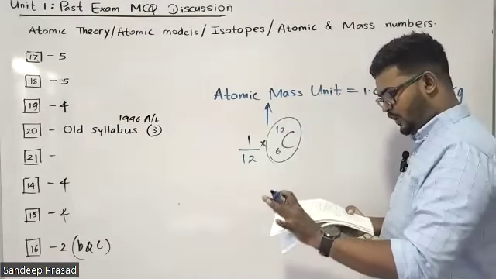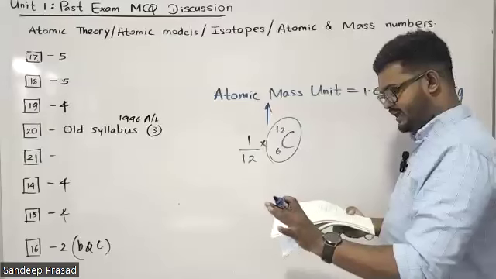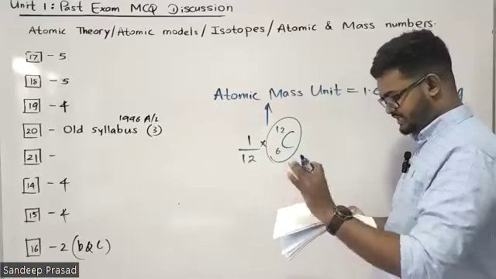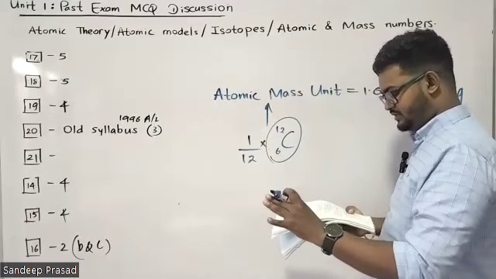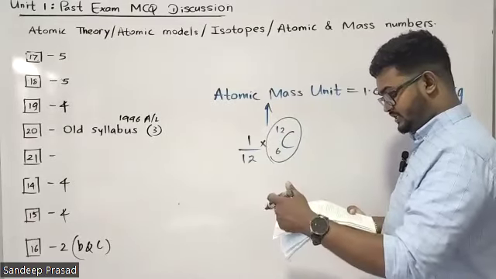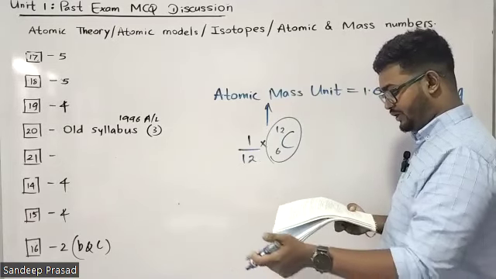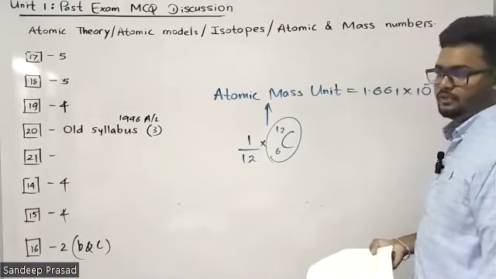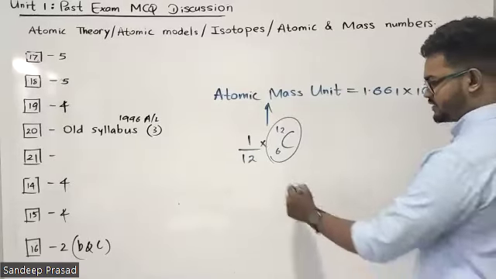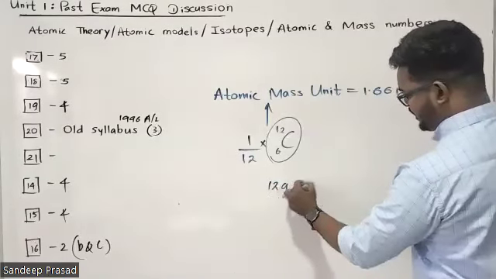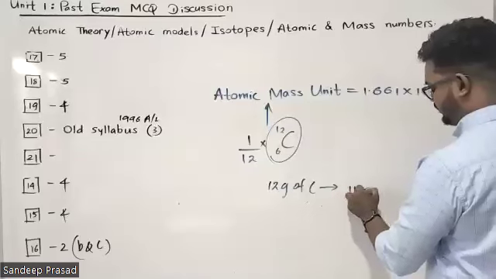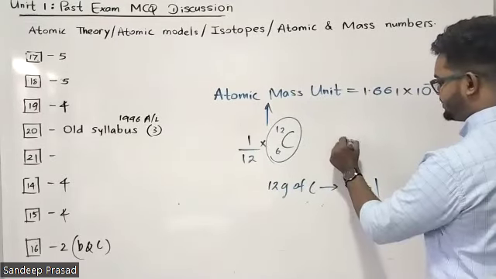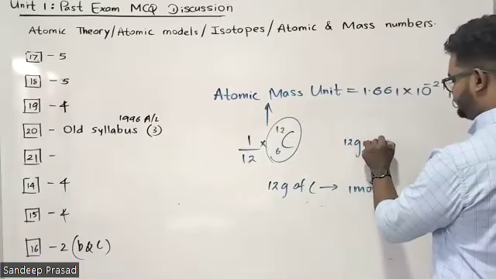Second one: while exactly 1/12 of the mass of a carbon atom is taken as the atomic mass unit, there are 6.022 × 10^23 carbon atoms in exactly 12 grams of carbon. What do you think? We know that, students, 12 grams of carbon is actually 1 mole. We define the molar mass of carbon as 12 grams per mole.